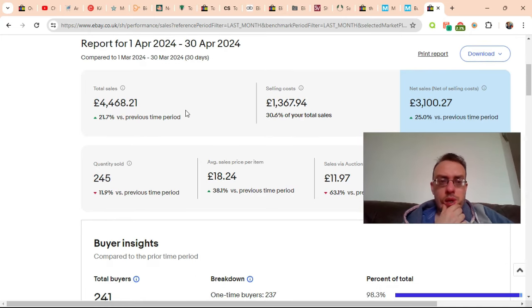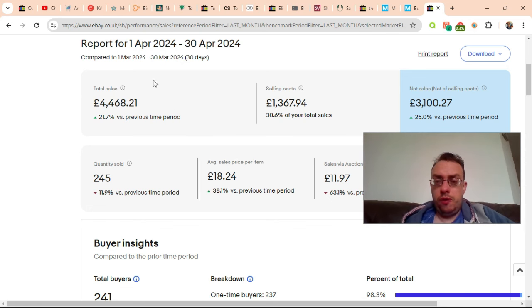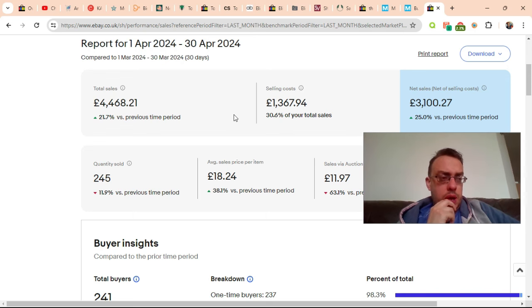So what this is telling me is that my total sales in terms of value was up over 20% on the previous month, which is really pleasing to see because that means that the business is growing. My selling costs are up 30%. That does include insertion fees because I'm over my 1,500 listing allowance that's included in the featured shop.